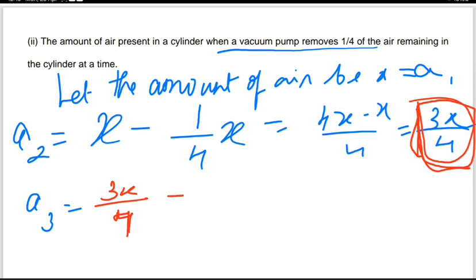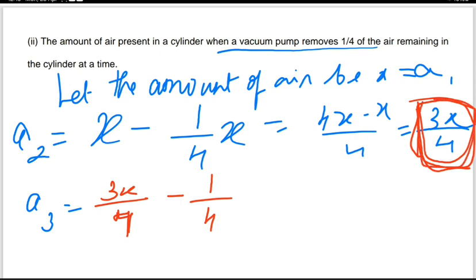So 3x by 4 minus 1 by 4 of 3x by 4. Sorry, here I am not putting x, because the total air now present in the cylinder is 3x by 4.